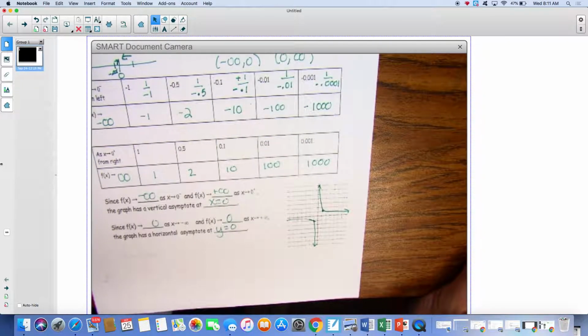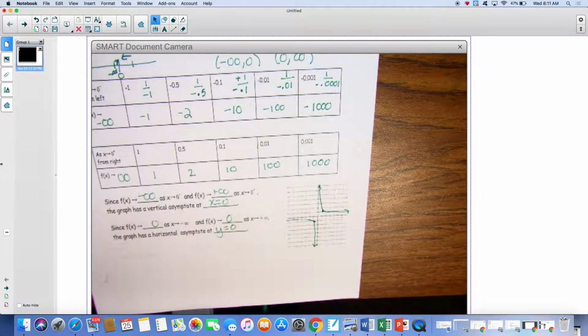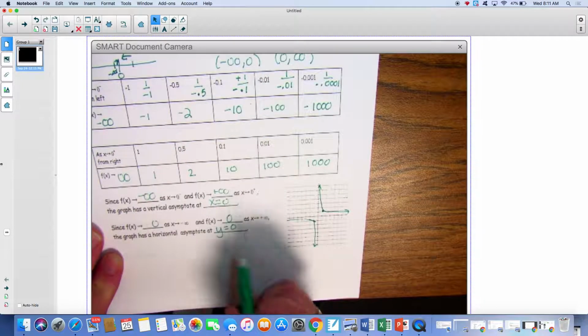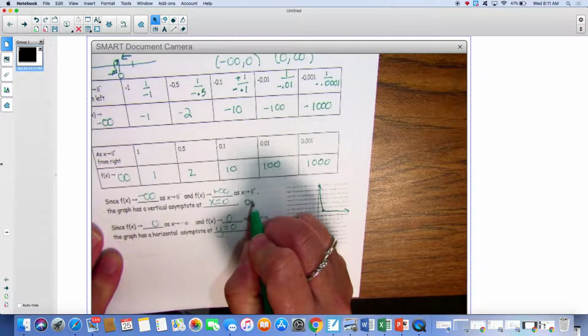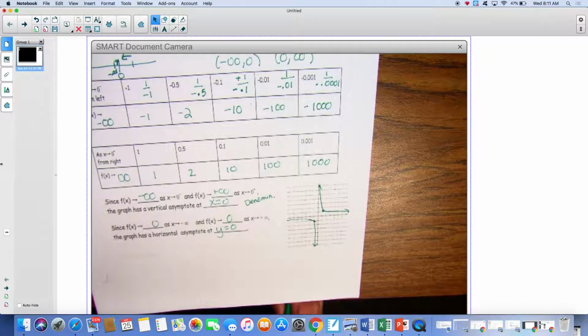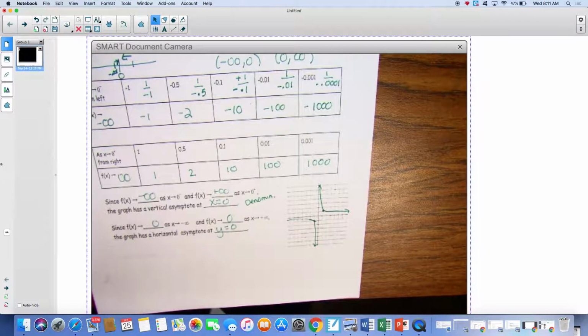So what's happening here is we have two asymptotes. First of all, we have a vertical asymptote at x equals 0. That's because of this denominator. Y equals 0, we also have a horizontal, because if I take 1 and divide it by anything, will it ever be 0? It's never going to be 0. It's going to get really, really close to it.